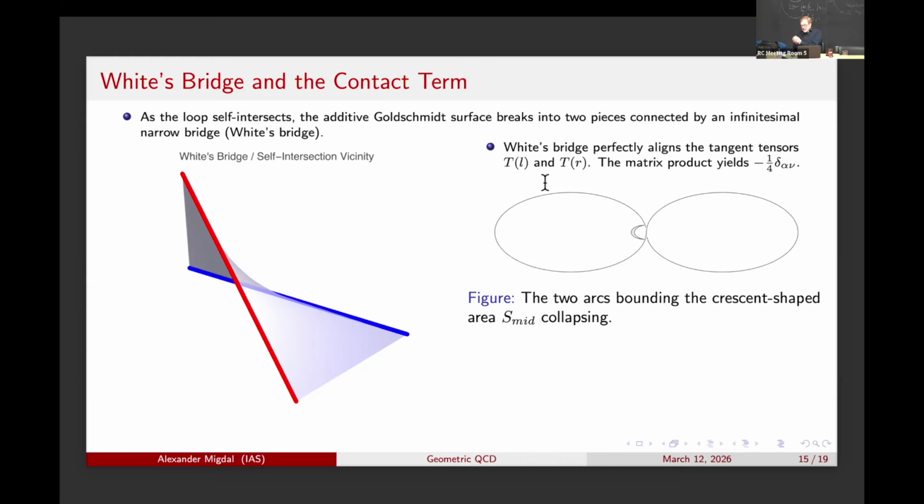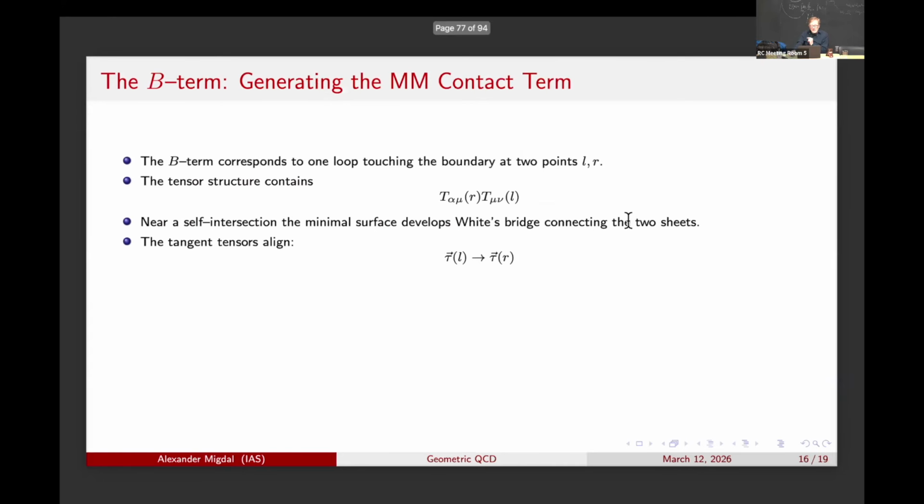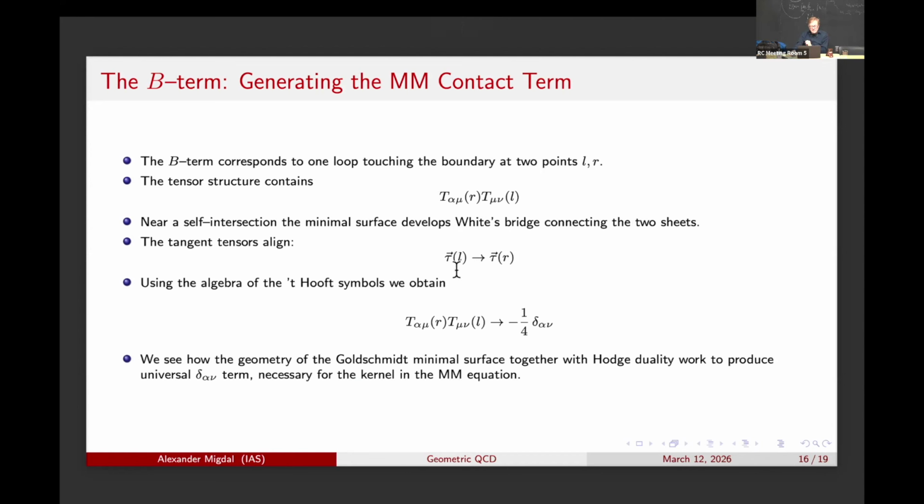Each has only 3 components: self-dual and anti-self-dual. So what will happen? I can prove that it reduces to -1/4 delta mu nu, and that's what is needed to get the second term from the B term, the actual right side of the MM equation. So we get exactly this delta mu nu, and then there is nothing else.